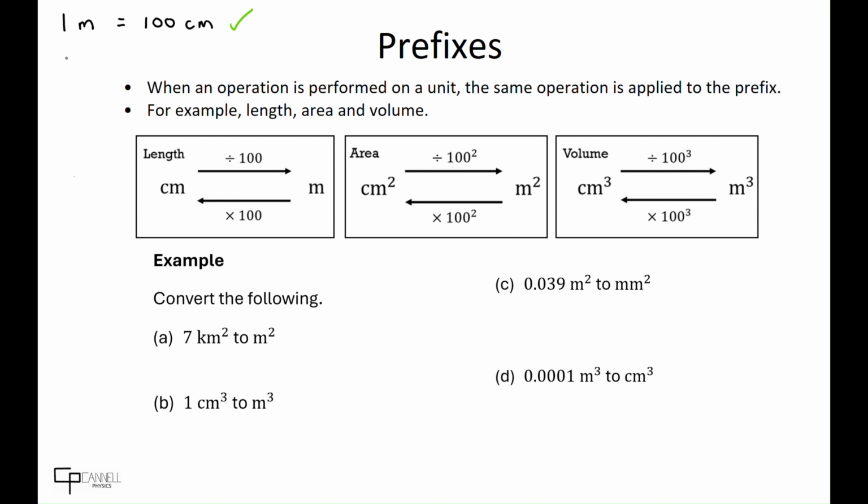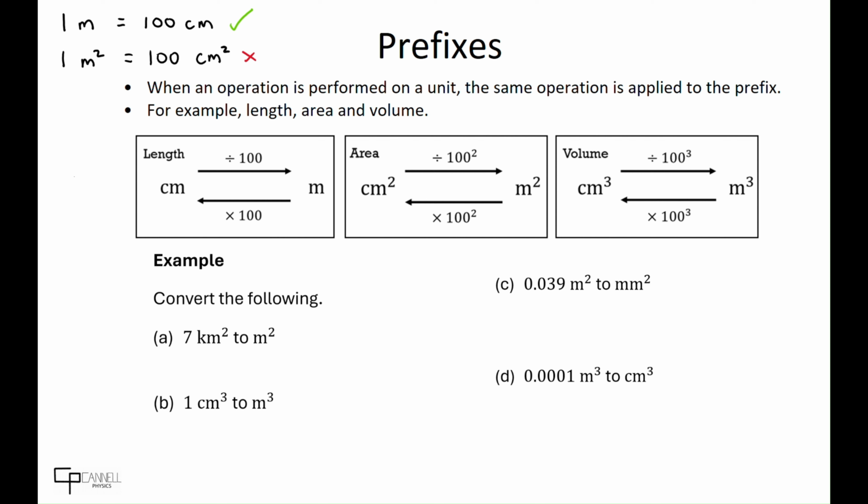But an incorrect extension of this would be to say that 1 square meter is equal to 100 square centimeters. Unfortunately that is incorrect. We're dealing with area here, but the same idea will apply to volume as well.